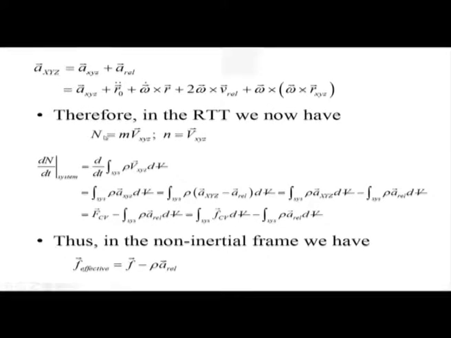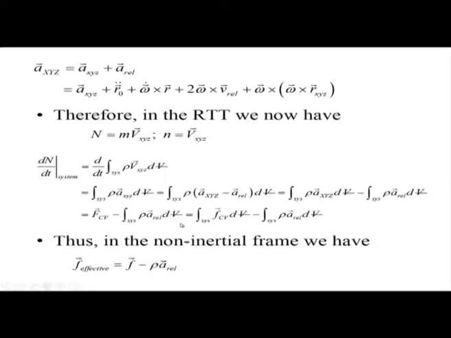Now d dt of this velocity is acceleration, and the acceleration with respect to small xyz we can write as acceleration with respect to capital XYZ minus a relative, where a relative is a collection of the terms on the right hand side. Then the integral of rho into a capital XYZ dV is the force acting on the control volume, by Newton's second law.